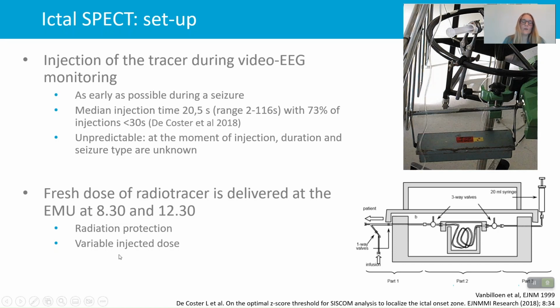But this can also affect the image quality. So if you inject, like in our case, at 4 in the afternoon, there is a bit less activity in the tracer, so in the scan. So the scans are sometimes more noisy and might be a bit harder to analyze.